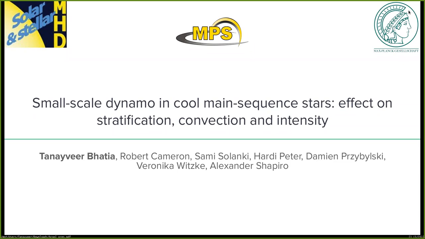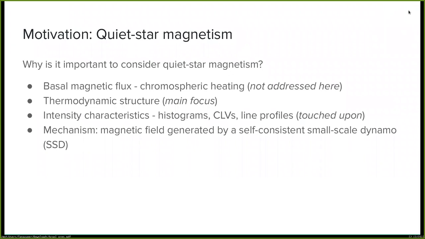The main motivation for studying this effect is to see how quiet star magnetism can affect certain things. Why is this important? Quiet star magnetism is important, for example, for determining the basal magnetic flux, which directly determines your chromospheric heating, which I would not be addressing here, since it will probably come later in my research.